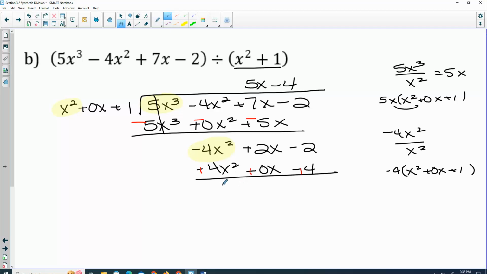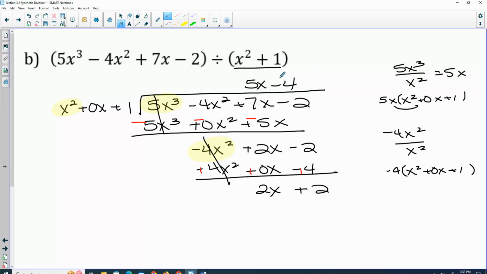So negative 4x squared and positive 4x squared cancel. 2x and 0x will give us a 2x. Negative 2 plus 4 is positive 2.